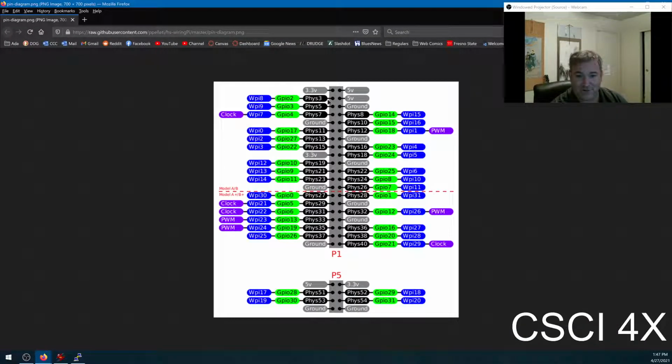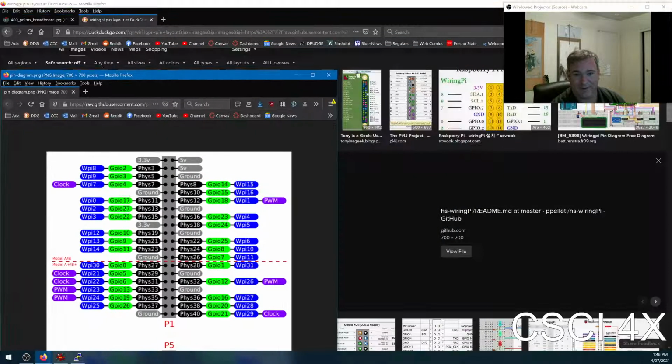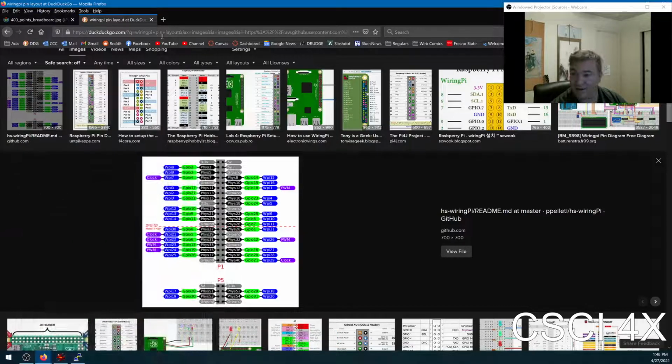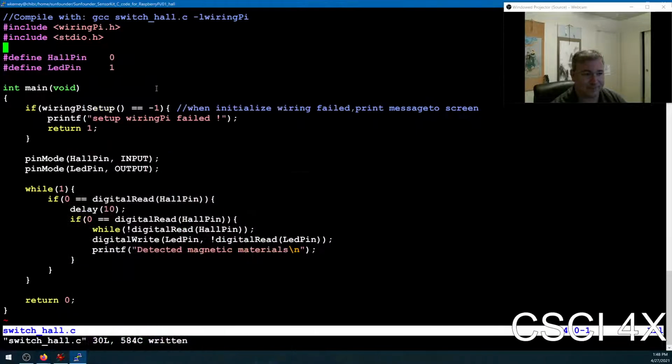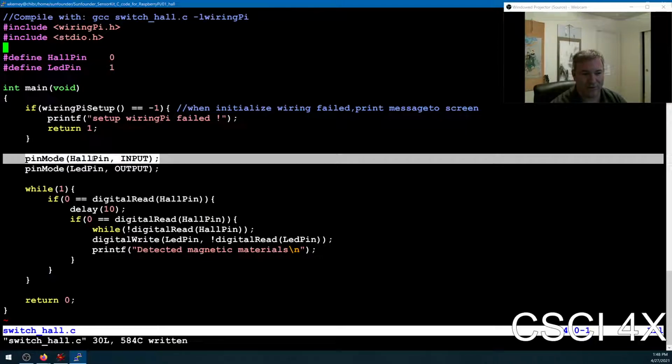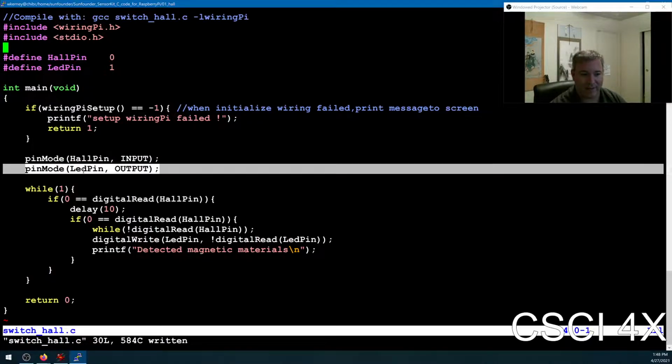So physical pin 3 is GPIO pin 2, which is wiringPi 8. So wiringPi 0 is physical pin 11 and GPIO pin 17. So this one's going to be messing with these two pins here. And if you think that's confusing, yeah, it is, absolutely. So they have different numbering systems. So anyhow, we're going to be reading from this pin, and we're going to be writing to that pin.